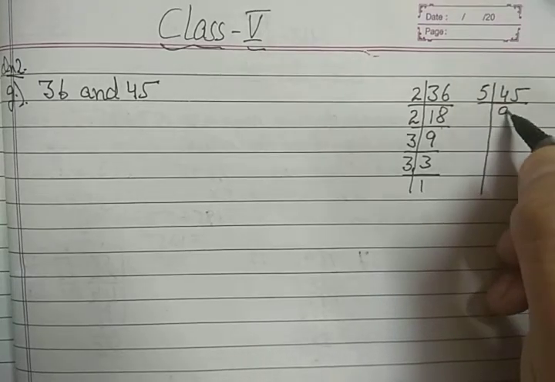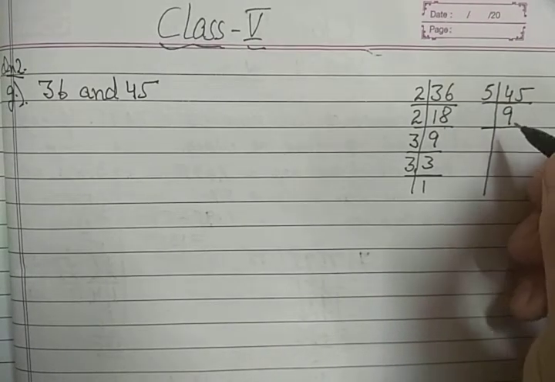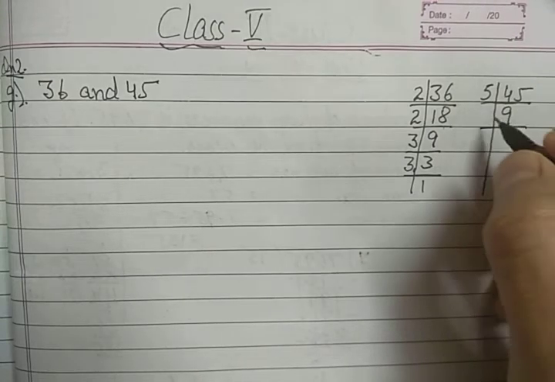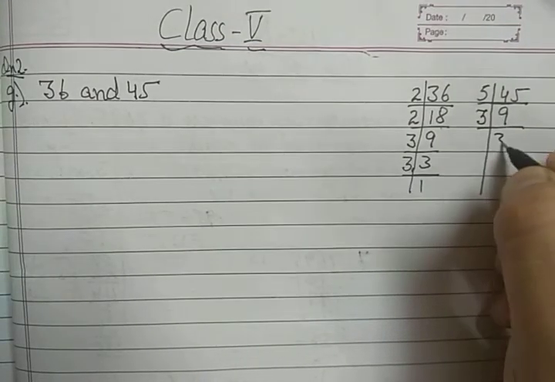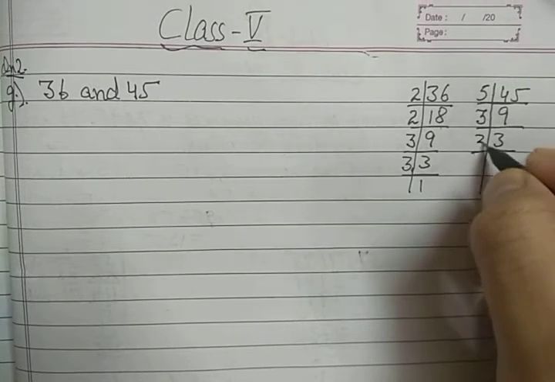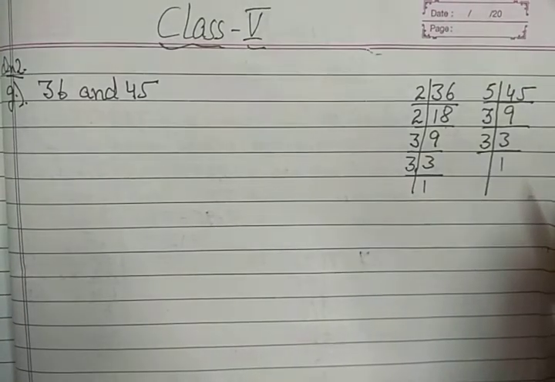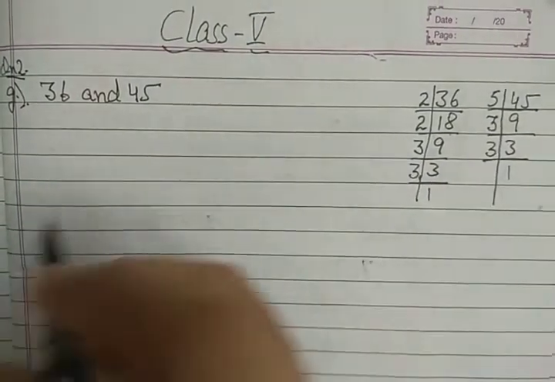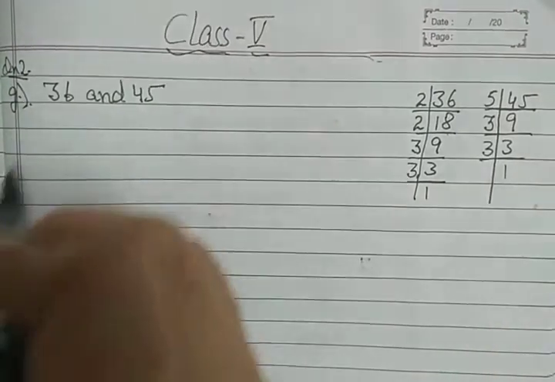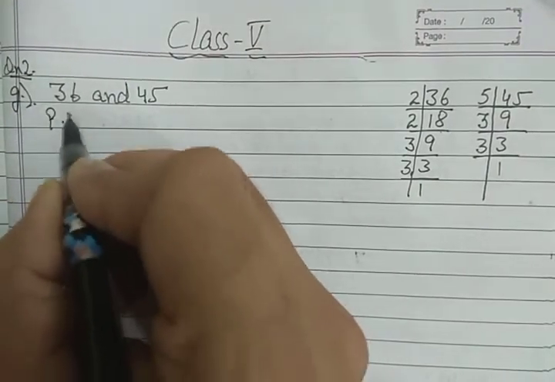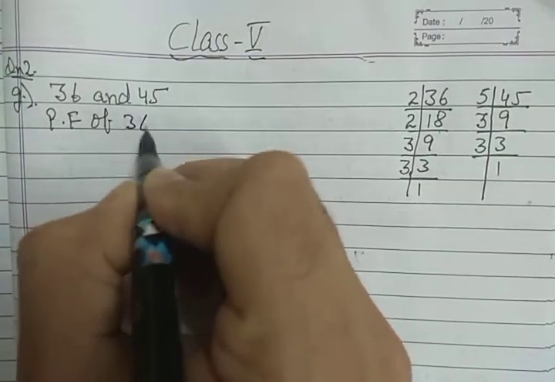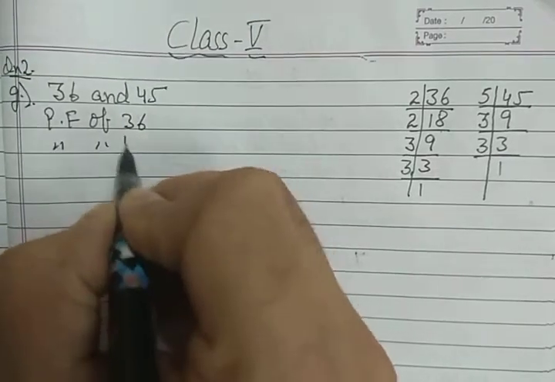So 5 9s are 45. Now 9 comes in the table of 3, so 3 3s are 9, and 3 is a prime number, so 3 1s are 3.